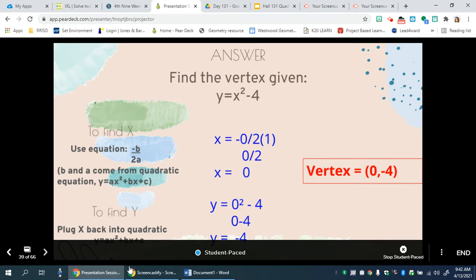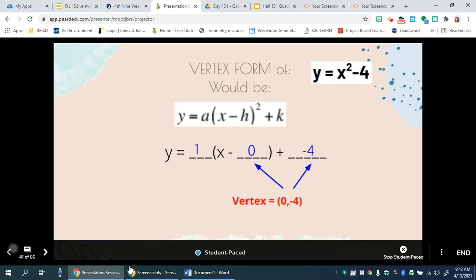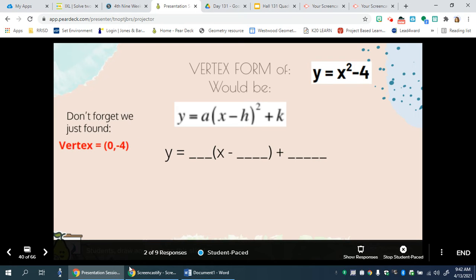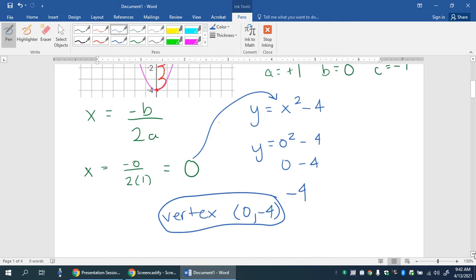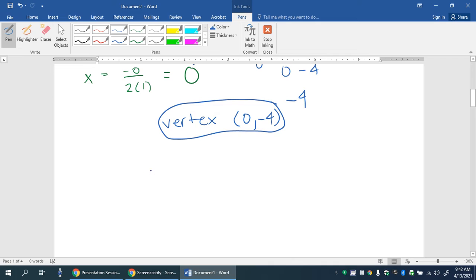Now we take that vertex and, oops, I went one too far. And we have to plug it in to our vertex form. So vertex form is y equals a parentheses x minus h squared plus k, where this value is h and the y coordinate is k.